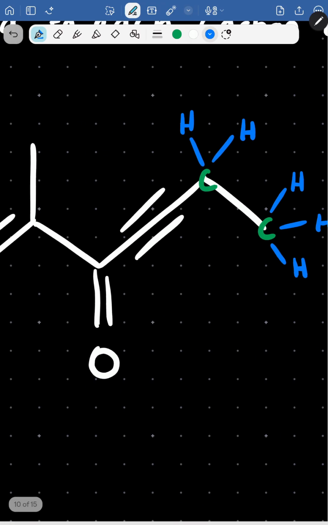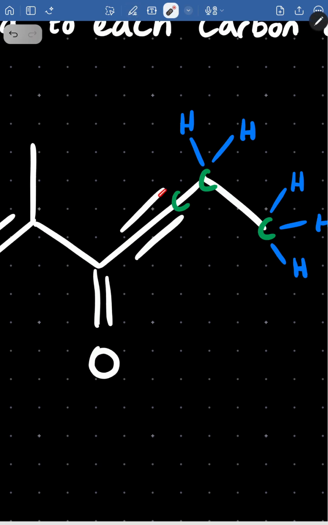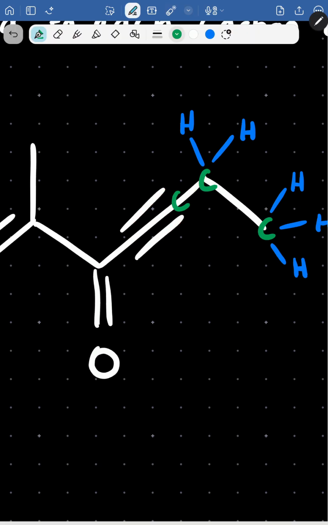And how many bonds does this C have? This carbon has 4 bonds. That means that no hydrogen is available. So 1, 2, 3, 4. This carbon is fully occupied. This carbon is also occupied, so it doesn't have any hydrogens.